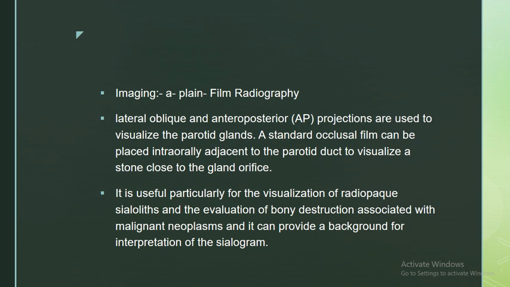Standard occlusal films can be placed intraorally adjacent to the parotid duct to visualize a stone close to the gland orifice. It is useful particularly for visualization of radio-opaque sialoliths or stones and the evaluation of bony destruction associated with malignant neoplasms, and it can provide a background for interpretation of sialogram.